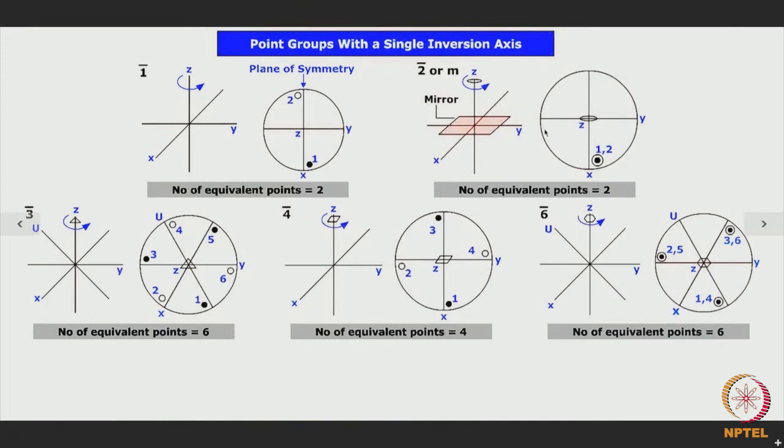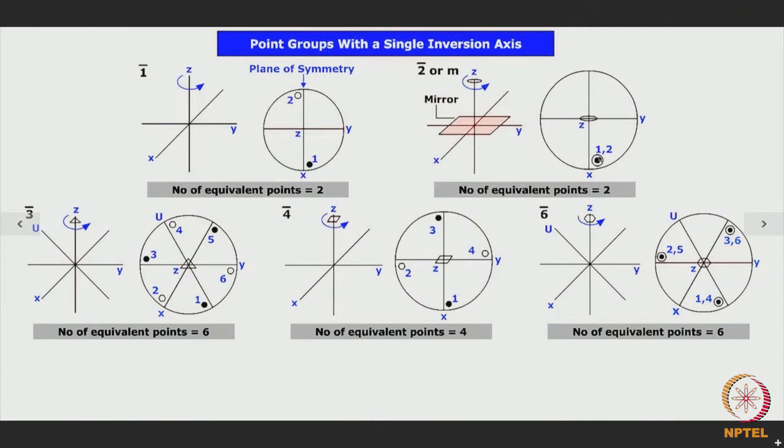The mirror on the projection would be along this line, and if you have a given point 1 here, due to the reflection through the mirror, it will produce the point 2 at a different value of z.